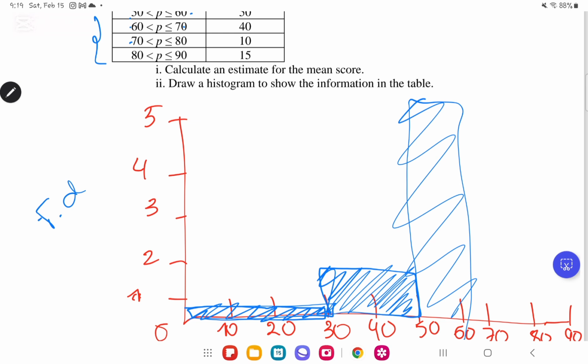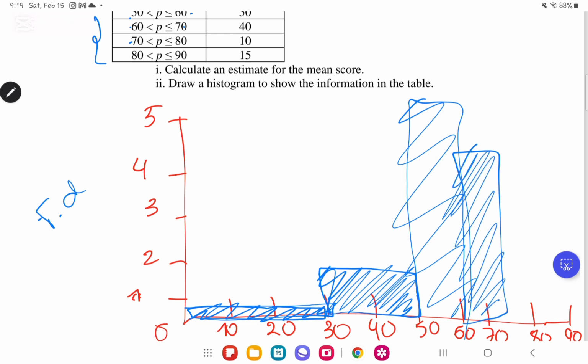This is not accurate, it's just a drawing. From 60 until 70, it's going to be 4. From 70 until 80, it's going to be 1. From 80 until 90, it is going to be 1.5.